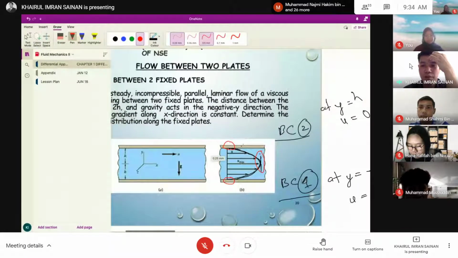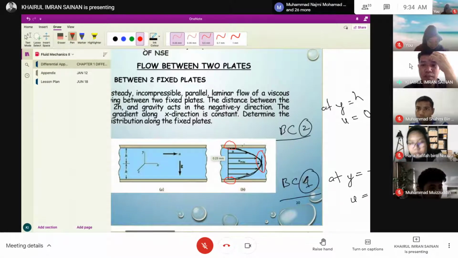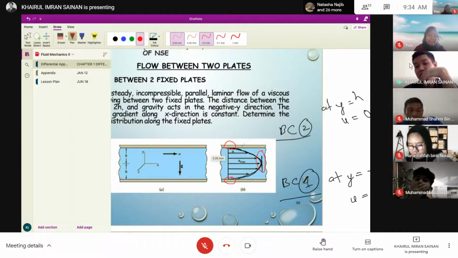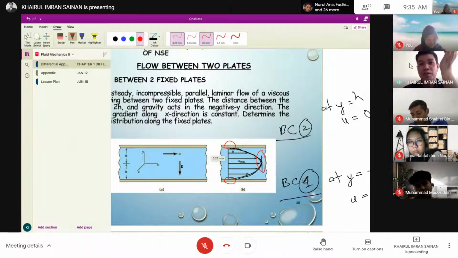I mentioned just now we have BC3, which is positioned at the center here. For BC number 3, it is really obvious that we can put a boundary condition in this position.